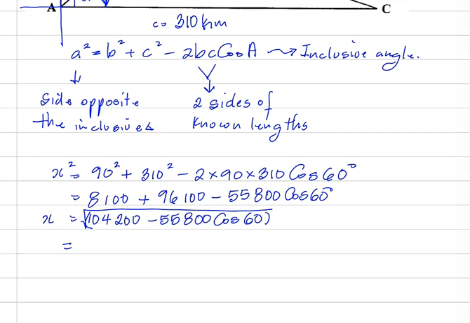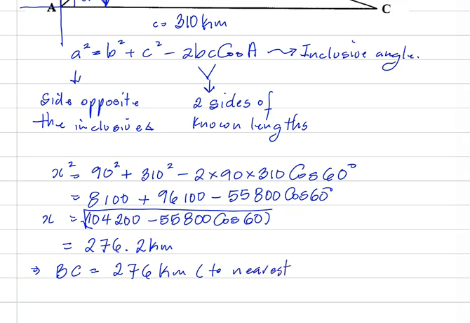Let's do it again. All right, so the answer is 276.2. So BC, the distance from Belleville to Compton, is 276 kilometers to the nearest kilometer.